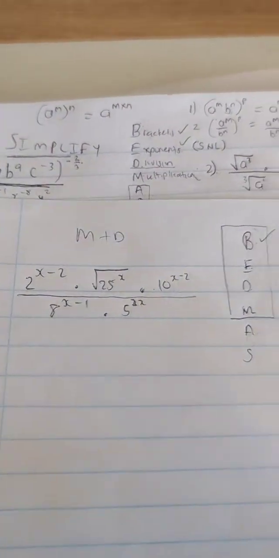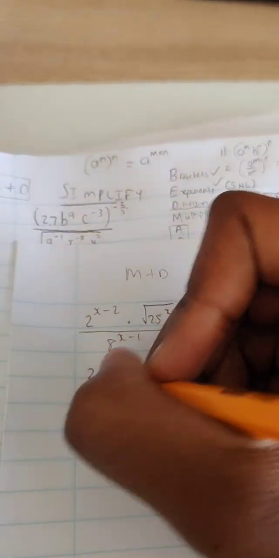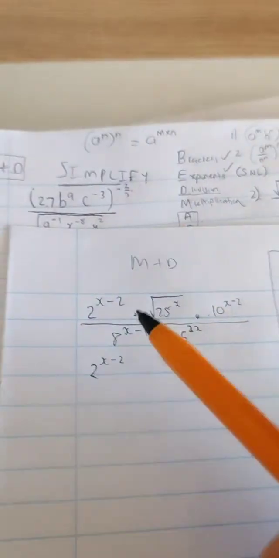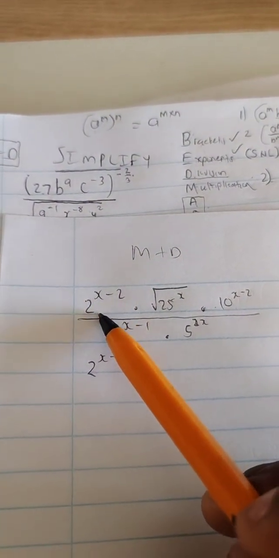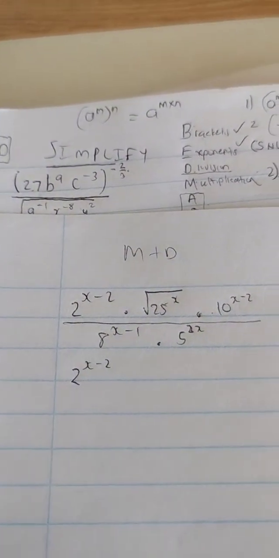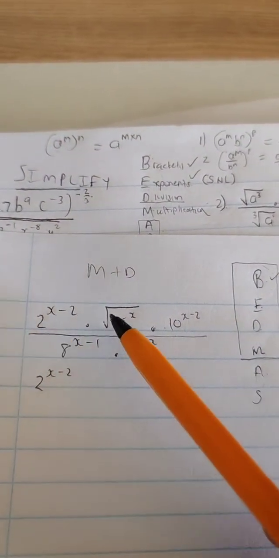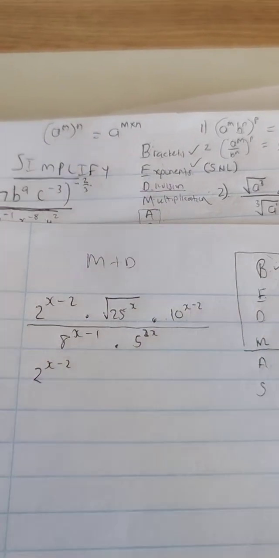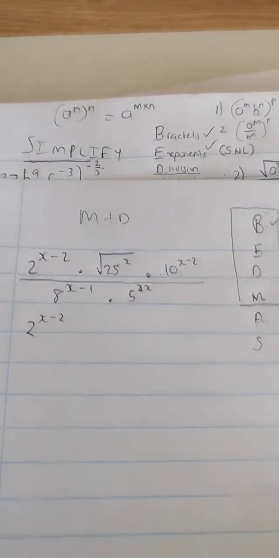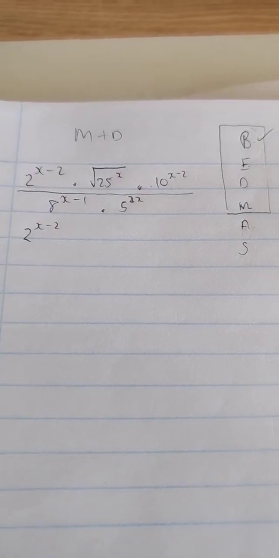E, exponents, a few. So let's come here and rewrite 2 to the power x minus 2. Convert composite bases to prime bases where possible. That's something we always observe if we have numerical bases. What are composite numbers? Composite numbers are numbers that have more than 2 factors.